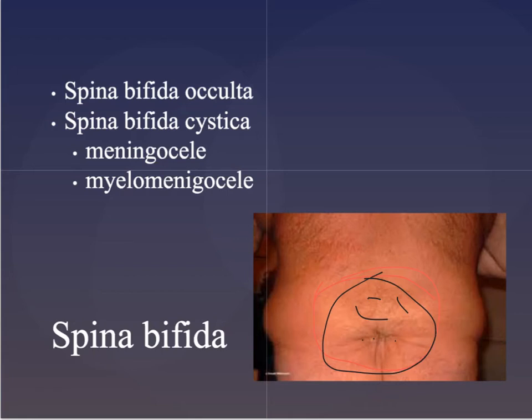The dimple, as we're seeing here. Now, lots of babies have that dimple right above their little butt. What we're looking at is, when I see the dimple, can I see the bottom of it? If I can see the bottom of it, it is typically not spina bifida occulta. It's when I can't see the bottom of it and the dimple goes down further. Okay?